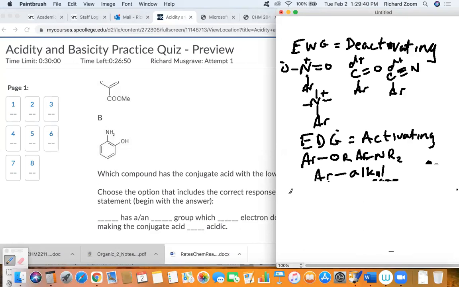All right, here we go. Deactivating groups increase acidity and decrease basicity.